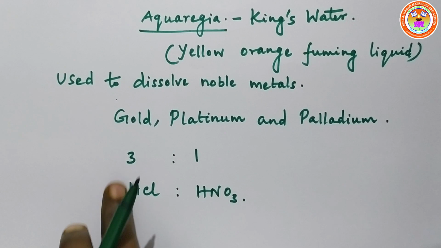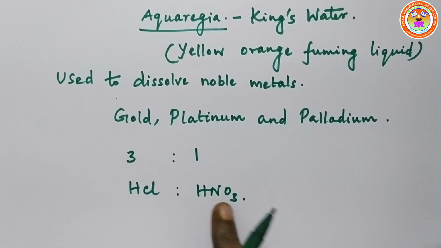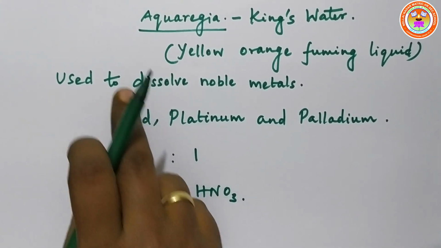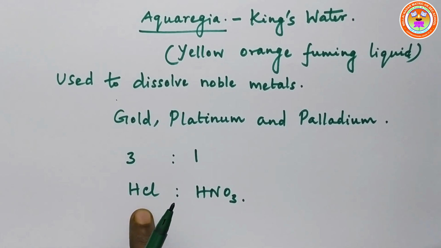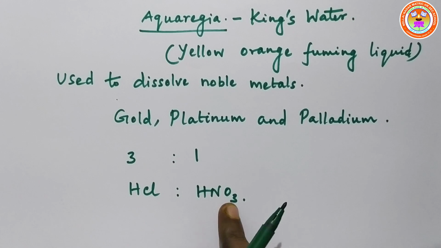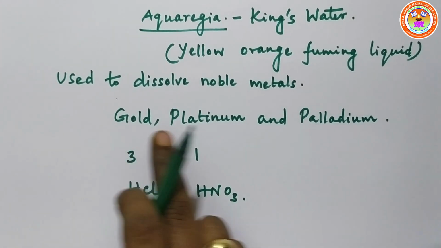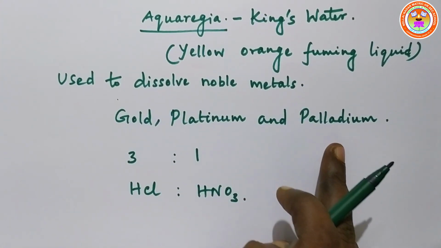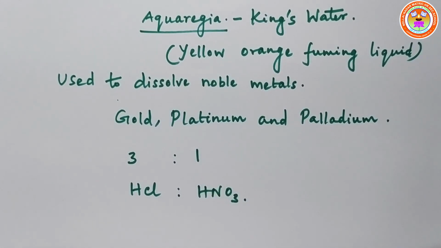But when hydrochloric acid and nitric acid are present as aqua regia, that is, 3 volumes of hydrochloric acid and 1 volume of nitric acid, then these elements, gold, platinum and palladium, dissolve in aqua regia.